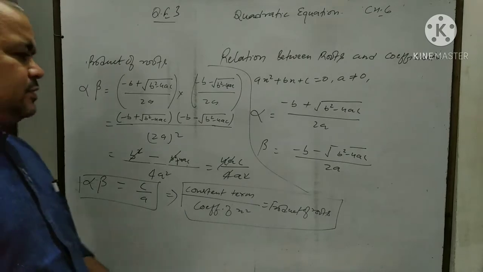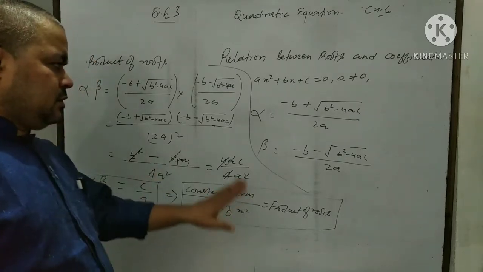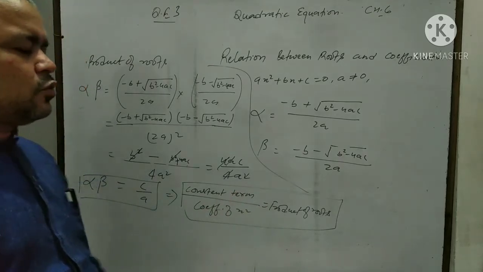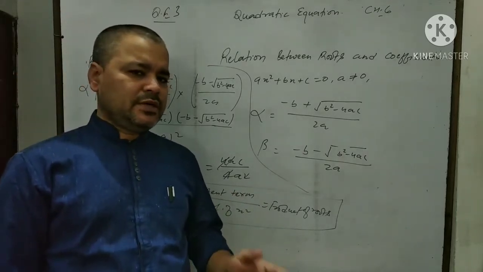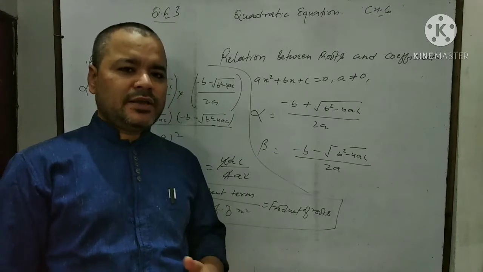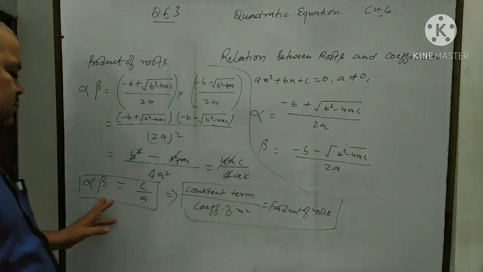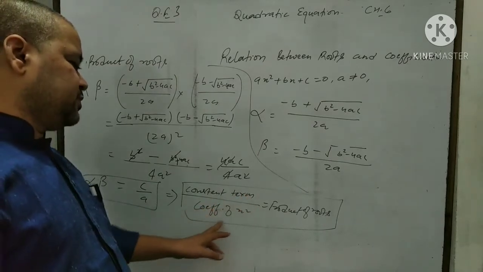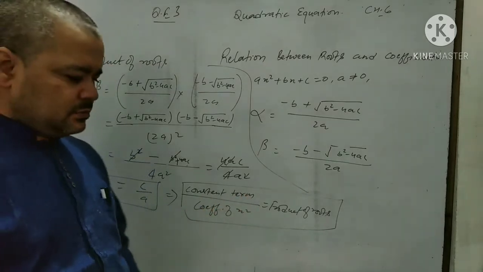Okay. It means very easily here we just proved that the sum of roots is equal to minus coefficient of x upon coefficient of x square, means minus b by a, and the product of the roots is equal to c by a, that is constant term upon coefficient of x square.